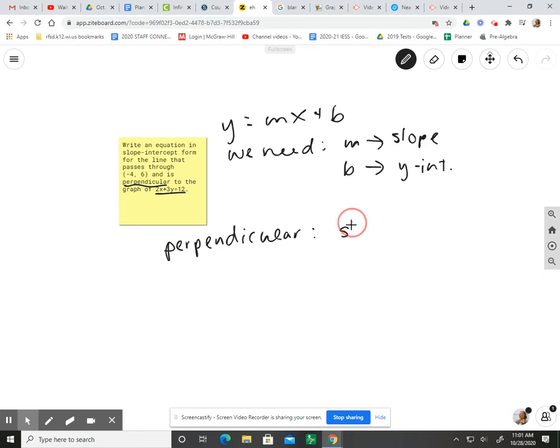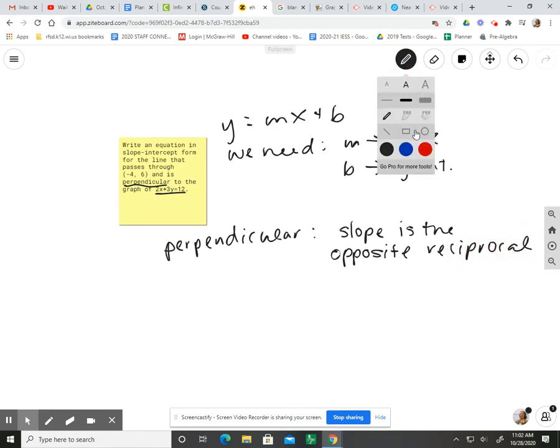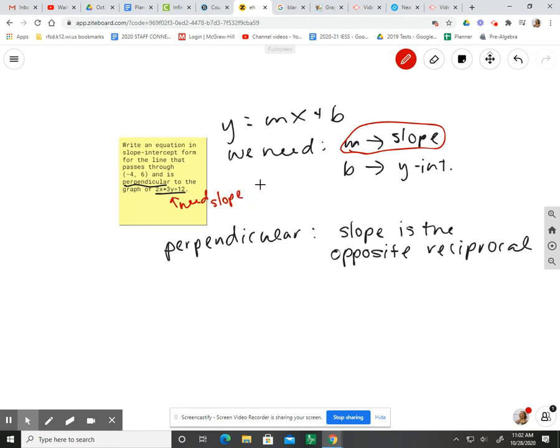The slope of a line that's perpendicular to another is the opposite reciprocal. So to find our line's slope, we need this line's slope.